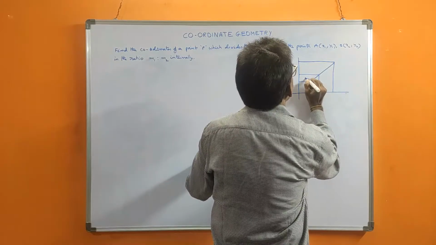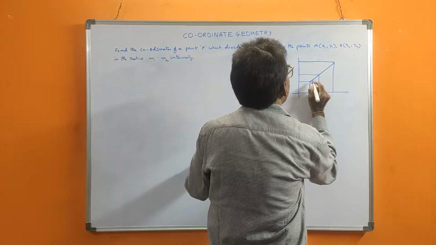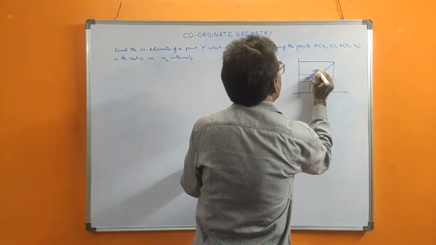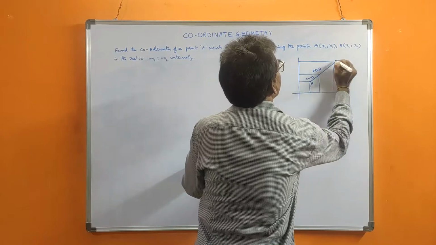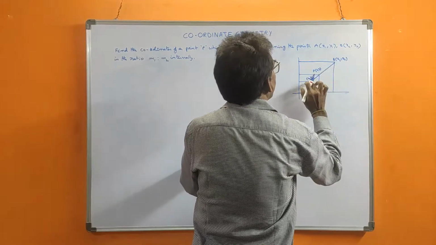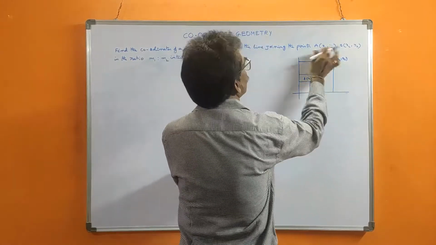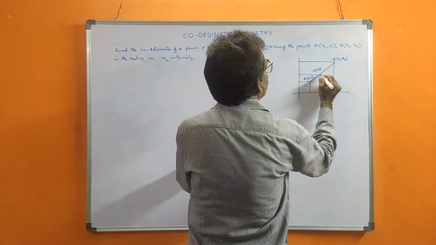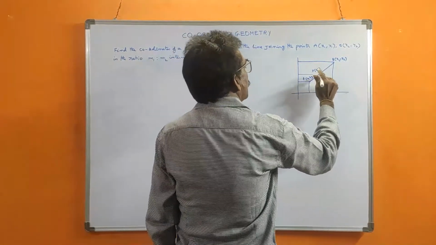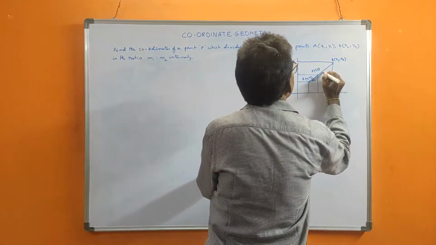So now this is point A (x1, y1), P is (x, y), and this is B (x2, y2). A (x1, y1) and B (x2, y2) are given. A point P is on the straight line AB, dividing AB in the ratio m1 is to m2.